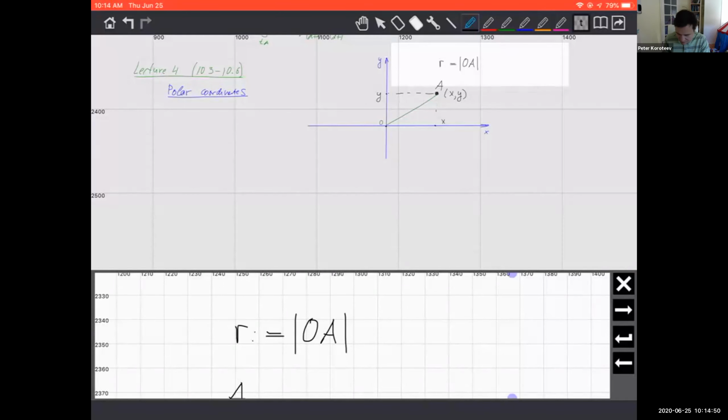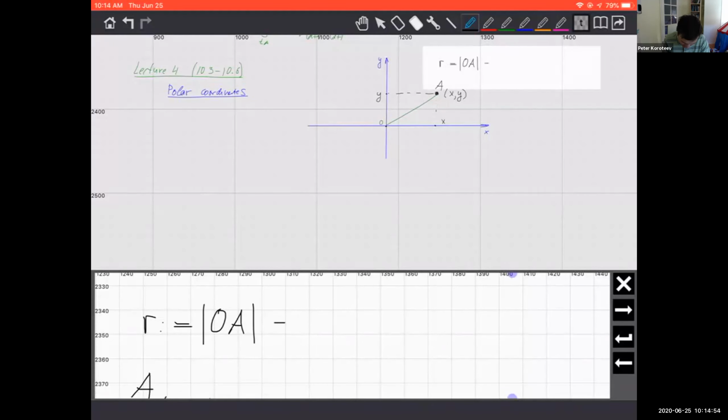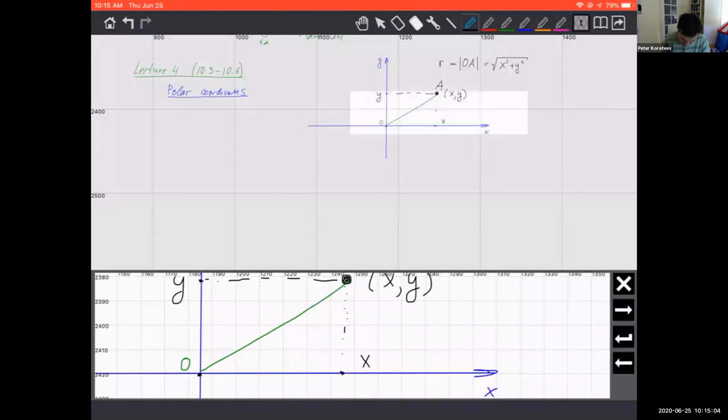R should carry index A, but it doesn't really matter here because there's only one point. And of course, from the Pythagorean theorem, this is the square root of x squared plus y squared. So this is R, this is x, this is y, and we're in the right triangle.